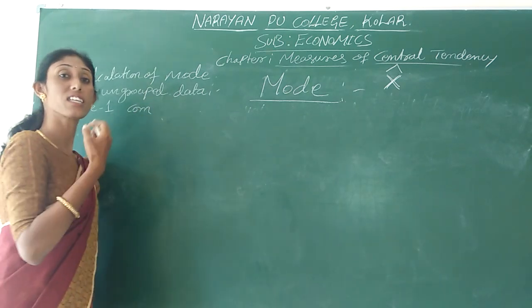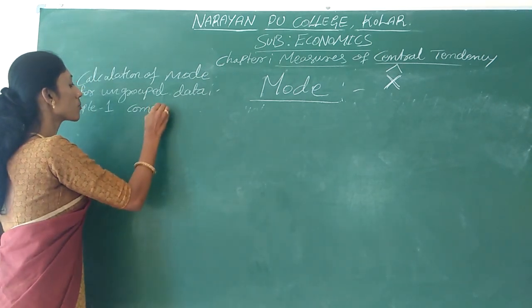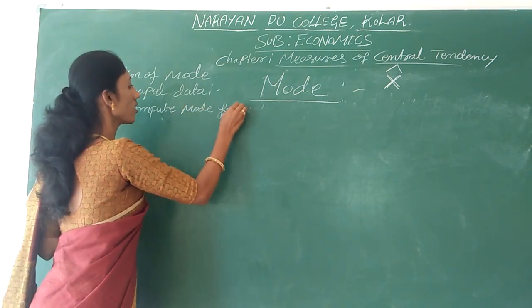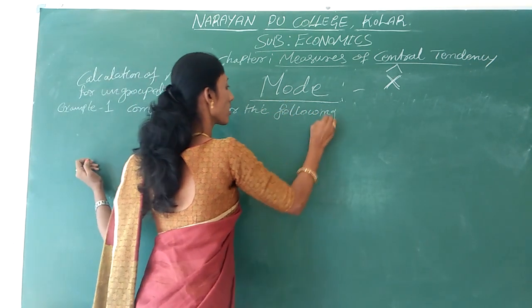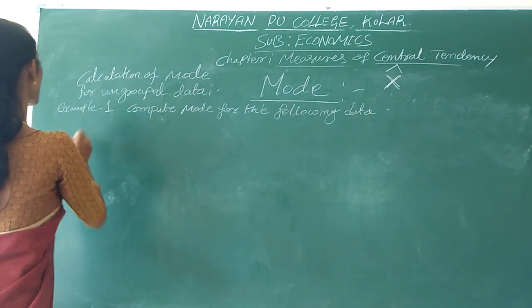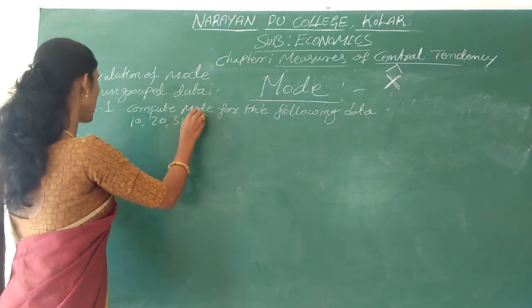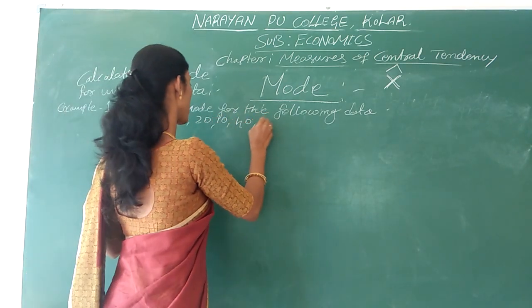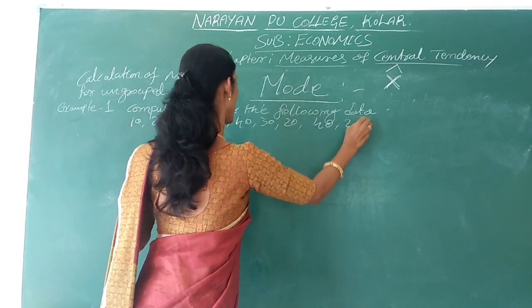Compute, in the sense of calculate or find out, the mode for the following data. Now take the data: 10, 20, 30, 20, 10, 40, 30, 20, 40 and 20.